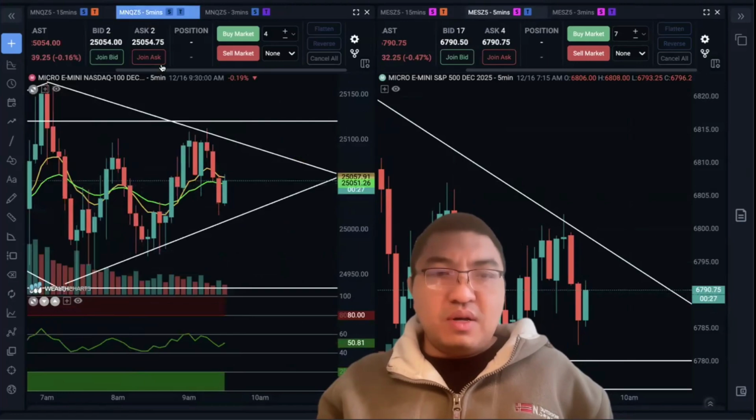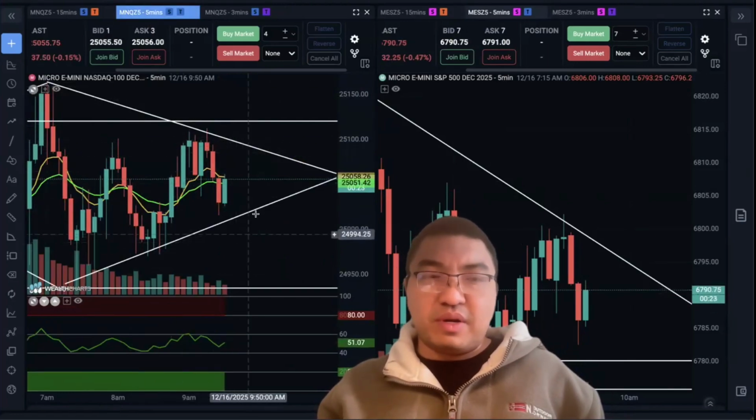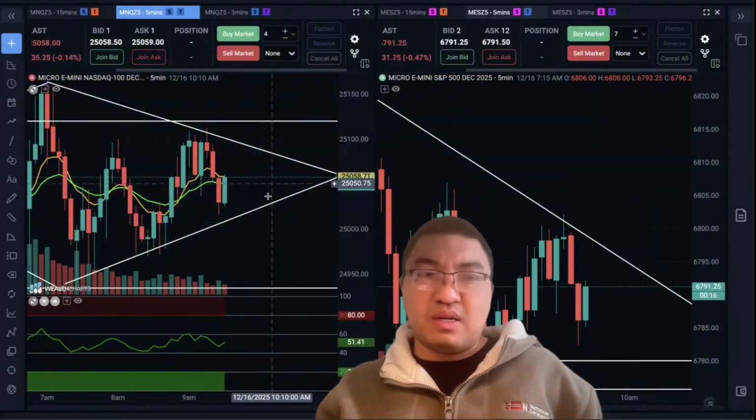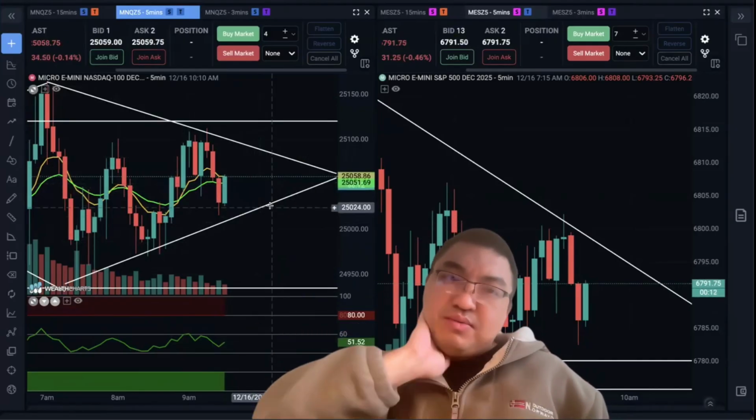That's possible. In that case, we would like to see it break out somewhere and retest back to somewhere here, which is the previous support, and then start engulfing upward. That's the signal you want to capture.